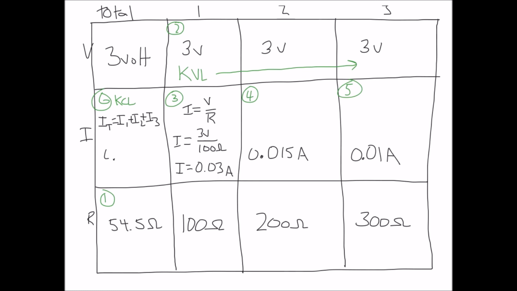So when I do that, I get 0.055 amps. Now another method you could have used to find this is, you can see that we have our resistance here and our voltage there. We could have applied Ohm's law again in this form to find this very same thing.